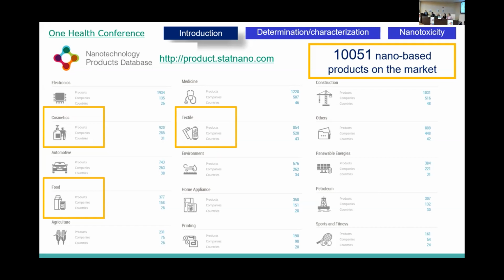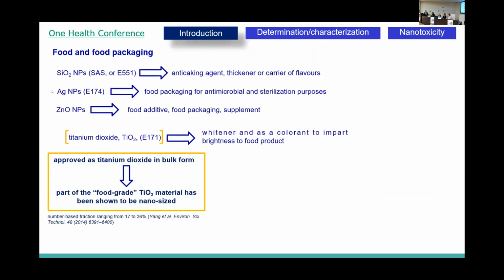In the food industry, we can find inorganic nanoparticles in the preparation of intelligent and smart packages to keep the food, and also as a food additive.